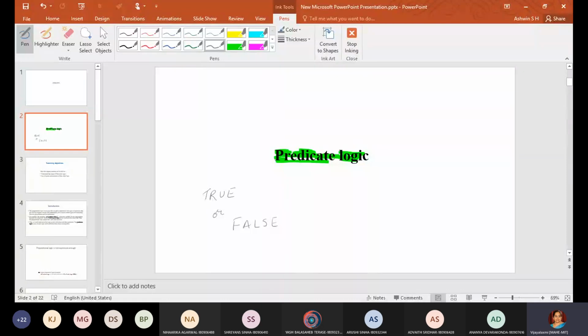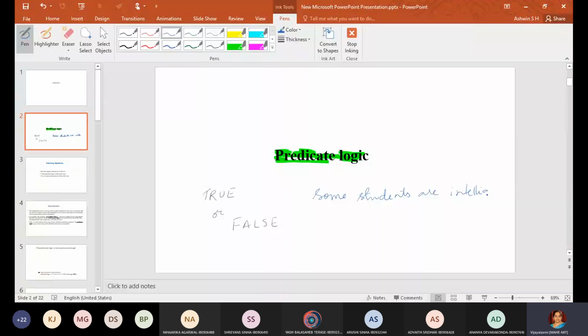Propositional logic cannot be used to represent complex sentences or natural language statements. For example, some students are intelligent.